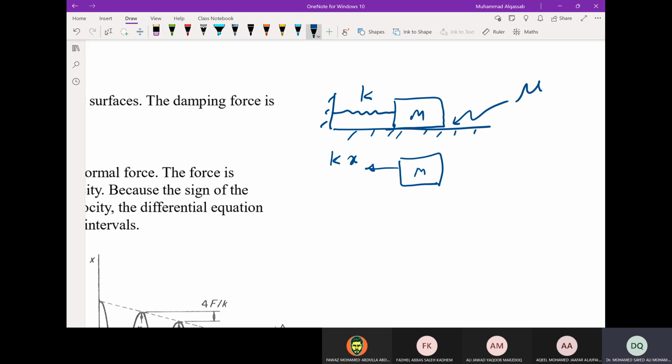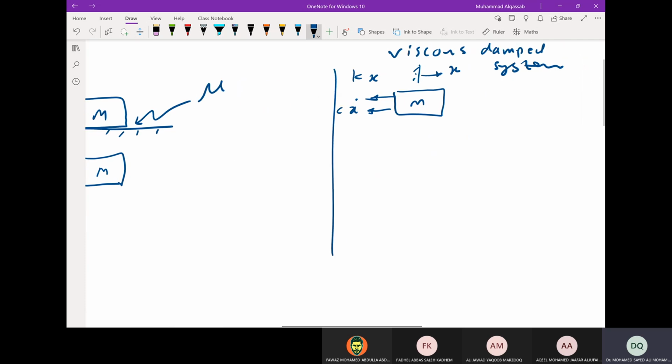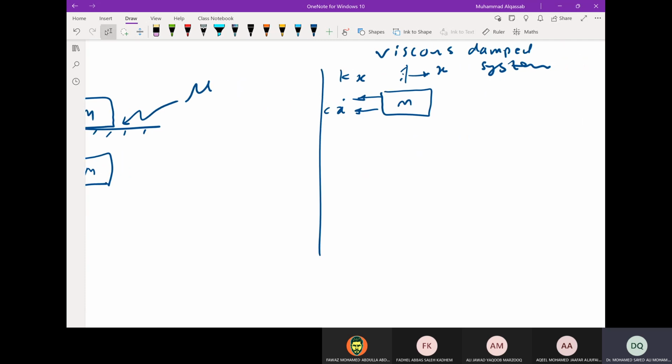So it means that the free body diagram should be drawn for each half cycle. The free body diagram for the viscous damper is for all cycles, because the spring force will change direction because of the sign of x, and the damper force will change direction because of the change of sign of x dot.